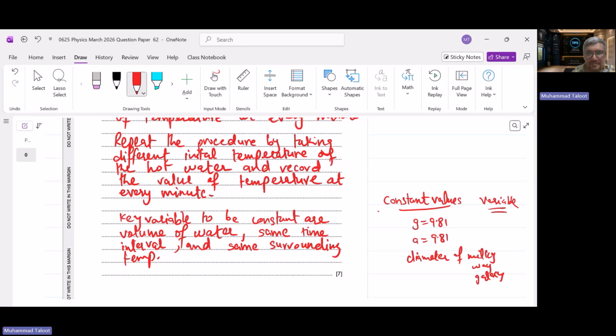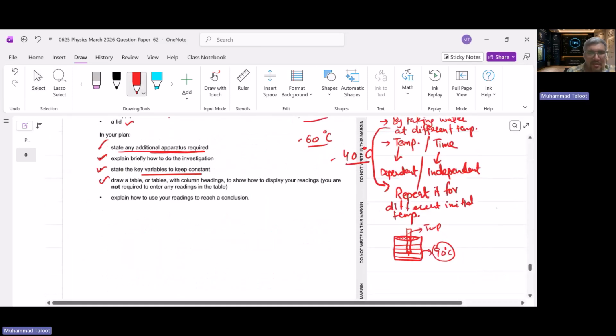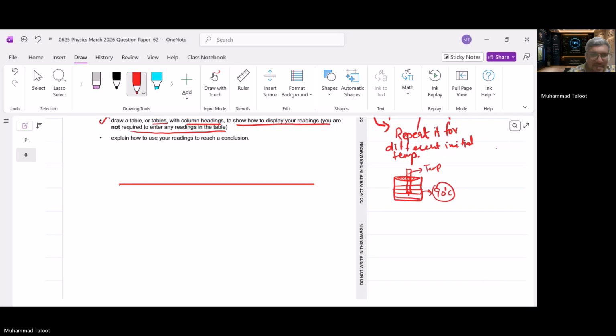Okay, so what else is here? Draw the table or tables with column headings, even with units, to show how to display your reading. You are not required to enter any value. Students never enter any value. So we draw a table here. One thing is time.